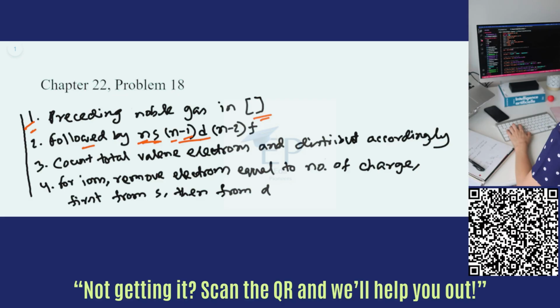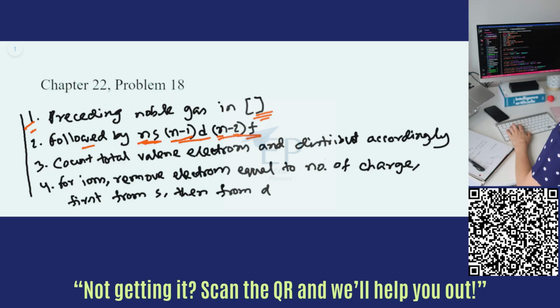And then if we have f orbital electrons, which happens only for row 6 and the later rows, in that case we will have to write down the f by subtracting 2 from the principal quantum number. So first we have to put the noble gas in square bracket, then we have to write ns, then n minus 1 d, and then n minus 2 f.